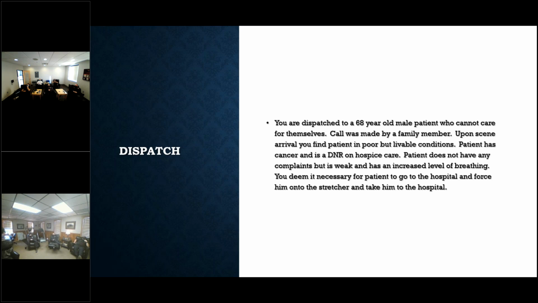So what this is, it's kidnapping, and it can also be considered assault and battery. So every patient has the right to refuse as long as they are alert and oriented. We as EMS providers cannot force anybody to actually go to the hospital.